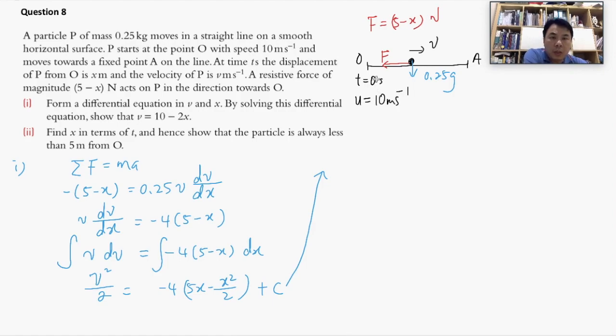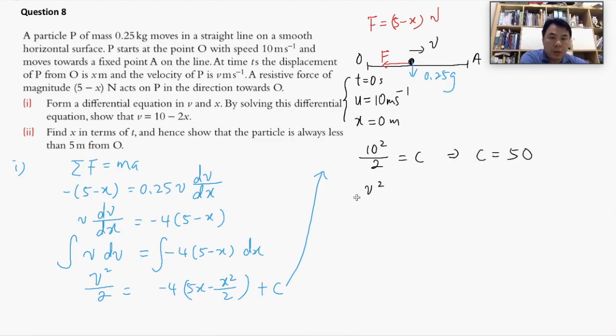We know that at t equals 0, velocity is equal to 10, and the initial displacement was equal to 0 meters. So we can write down 10 squared over 2, with x all 0, therefore c is equal to 50.